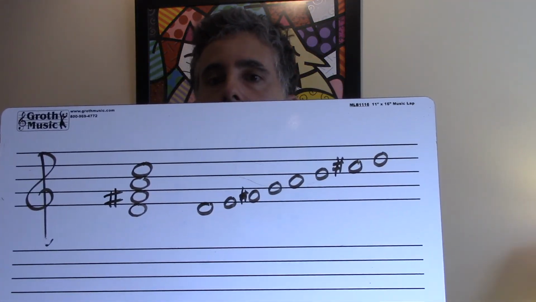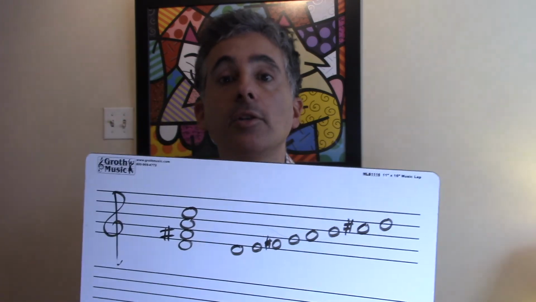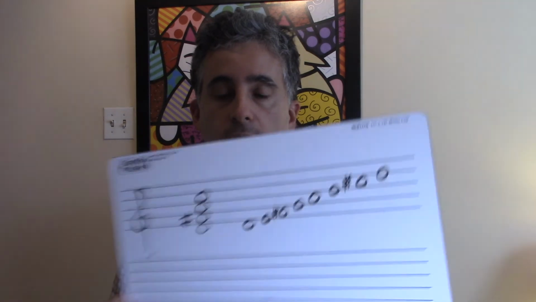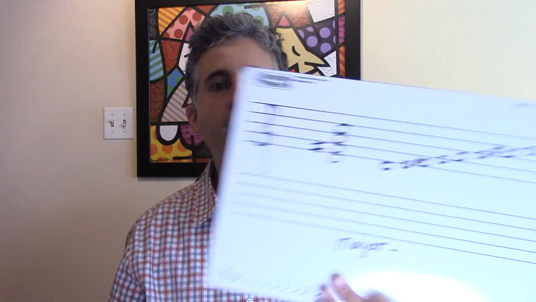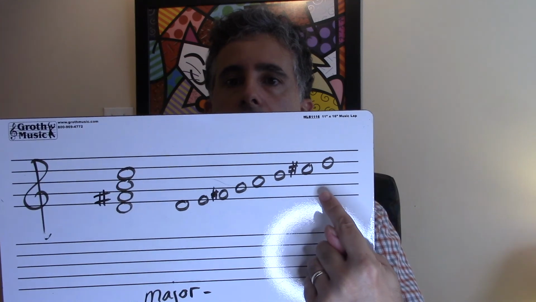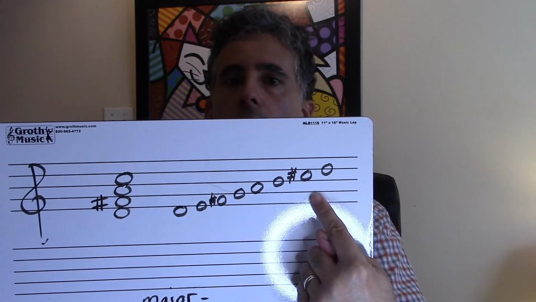Now when I take a look at this, I notice that the F sharp is part of that. So that means that the triad is a major triad. Okay, so we know that that is definitely major. So the first part is major, and I'm going to write that in. Now, take a look at the 7th. If I follow this all the way to the 7th, you see that the 7th scale degree is a C sharp.